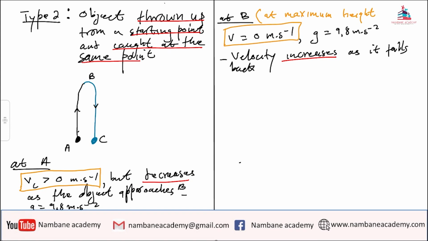Now let's go to C. At C, can I write V initial is equals to V final? And I'm going to use this orange again and say this is V initial, and here we have V final.